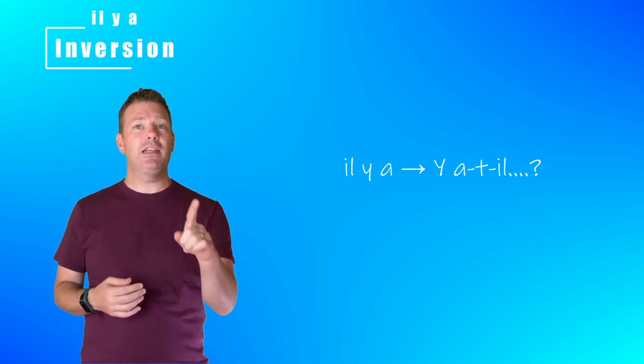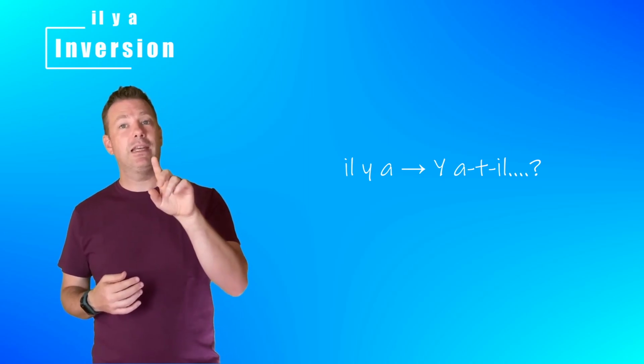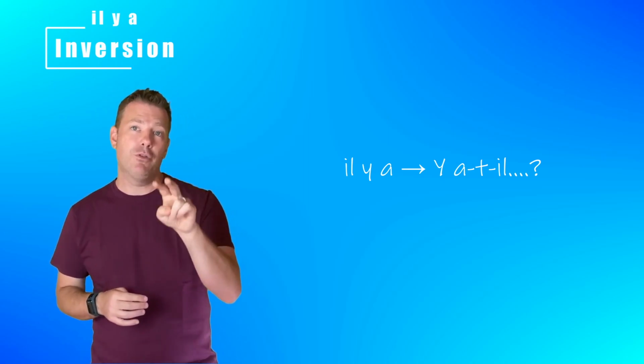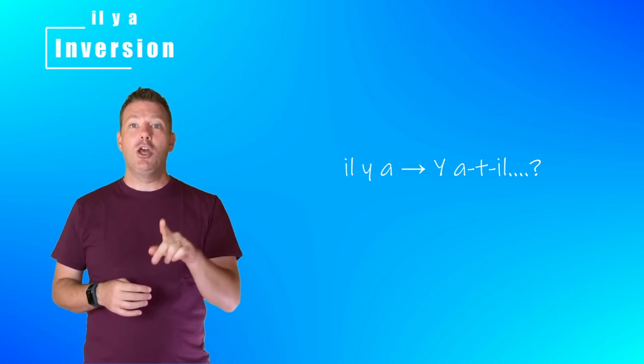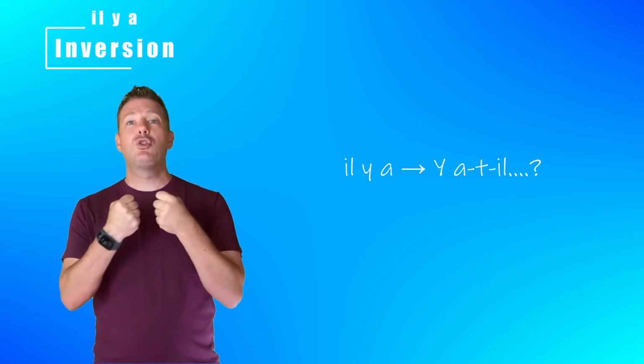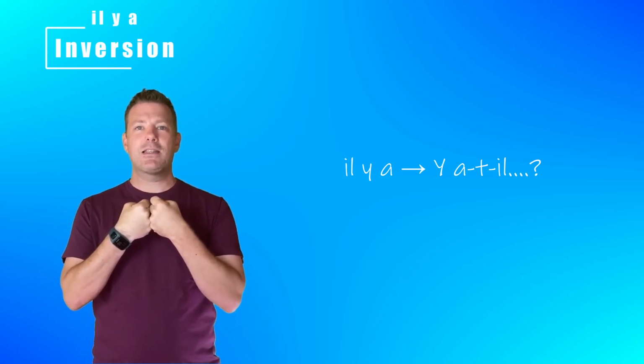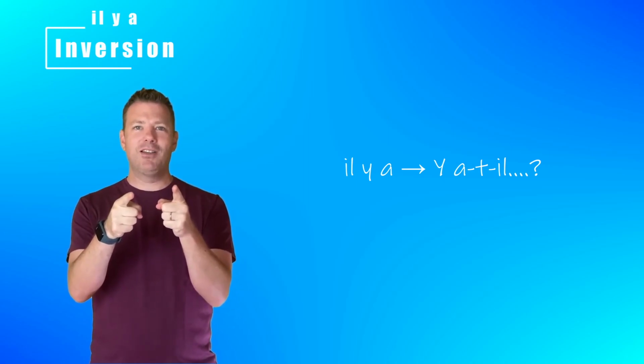Okay? Still in questions, il y a can be used with the inversion. Do you remember the inversion between the verb and the subject? So the verb will come first, and the inversion will happen between il and a. But by doing so, two vowels will come in contact, which is what? Remember?